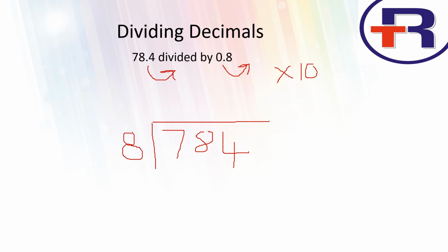If we're not too sure of our 8 times table, we can always write the 8 times table down the side of the page here to help us to work this out. Our 8 times table going down here.